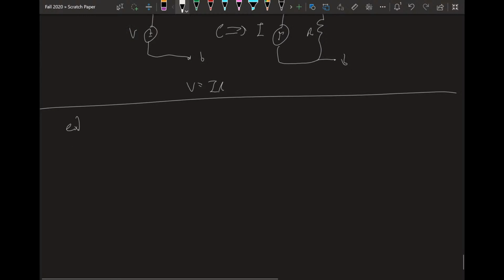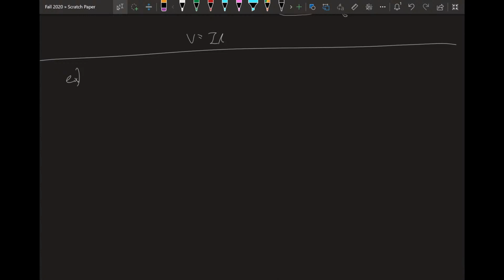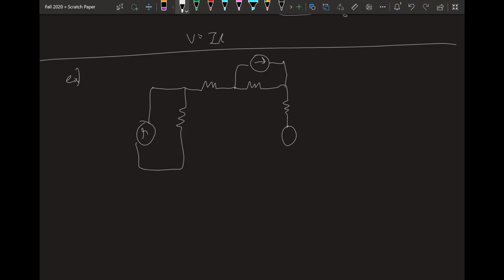So let's say we have a circuit with a lot of sources. I'm talking like 5 sources, something like what I'm about to draw. To get some motivation, we want to find IO, which is the goal.